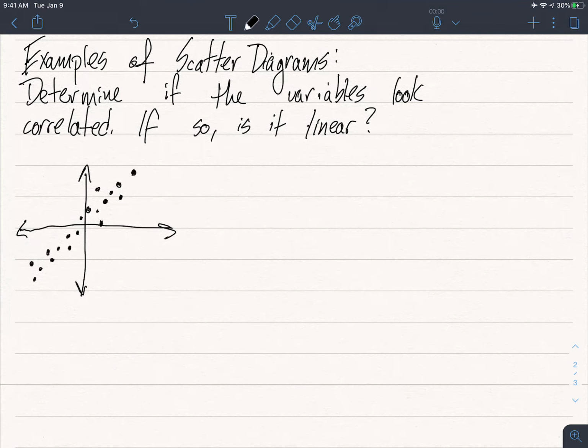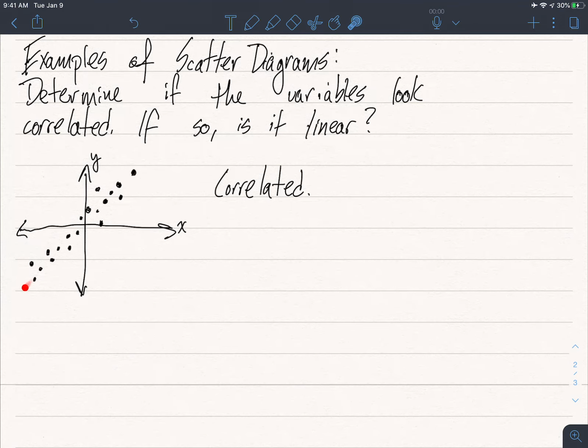Do these points show that the variables, there's not even any variables to talk about other than x and y. I'm not giving a specific scenario. But in this general example, if I plotted these points, would we say that they're correlated? I would say yes, these are correlated, right? Why? Because there seems to be a relationship between them.